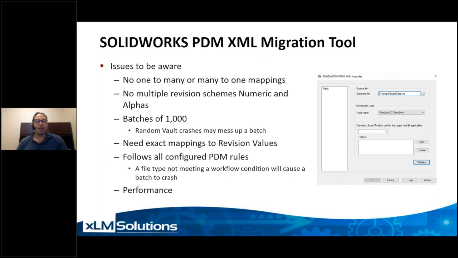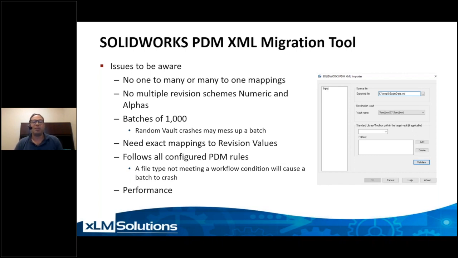But there are some limitations to the tool to be aware of. If you wanted to do a one-to-many mapping, so let's say you had Drawn By in your source file and you want to map that to two variables, Created By and another field called Drawn By as well, you can't.